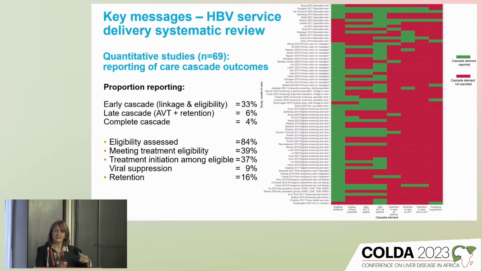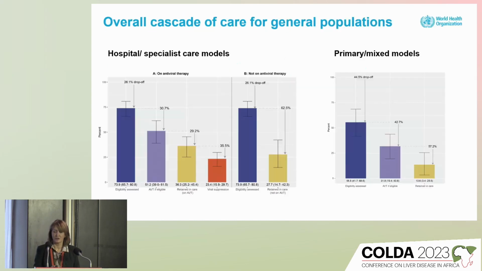The early part of the cascade, testing, linkage, eligibility, only about a third reported, but the late part of the cascade, about whether patients were suppressed, whether they were adherent, whether they were retained, less than 10% were capturing this. So I think with hepatitis B, we've got a big catch-up to do to ensure embedded in clinic practices is this culture of tracking and monitoring the adherence and the viral suppression.